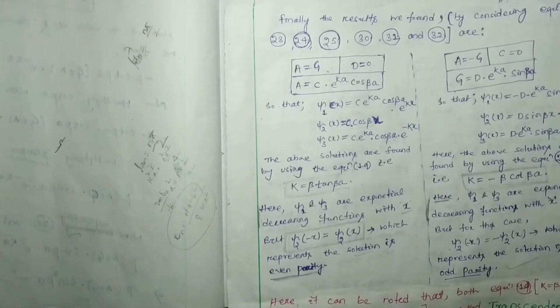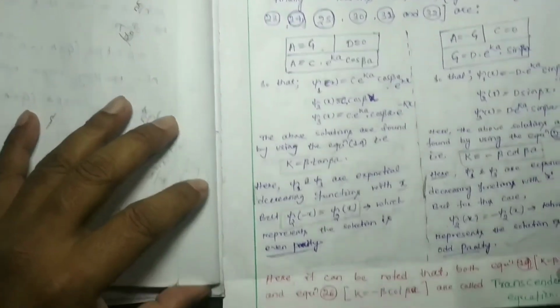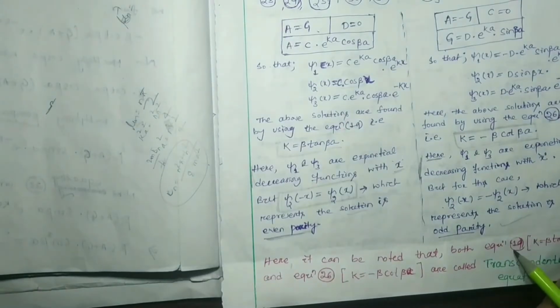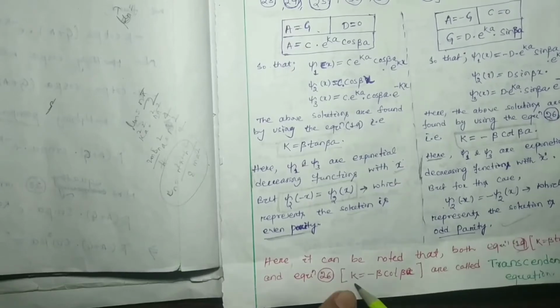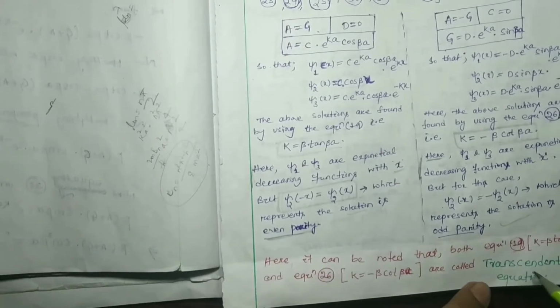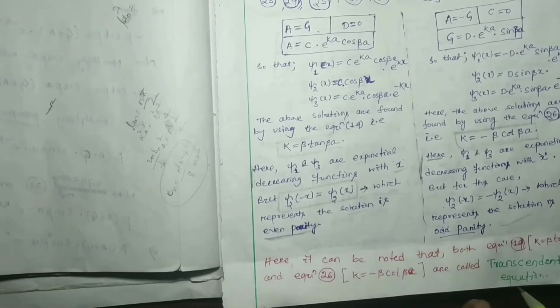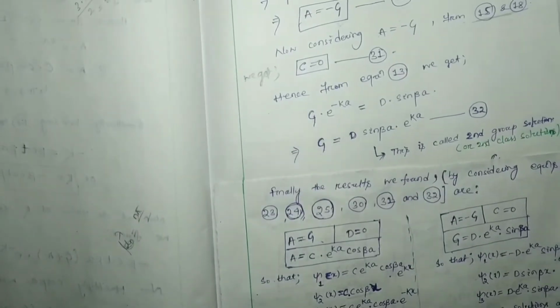You can pronounce it as transcendental. So equations 19 and 26 are the so-called transcendental equations. Okay, now we have to move to the next page.